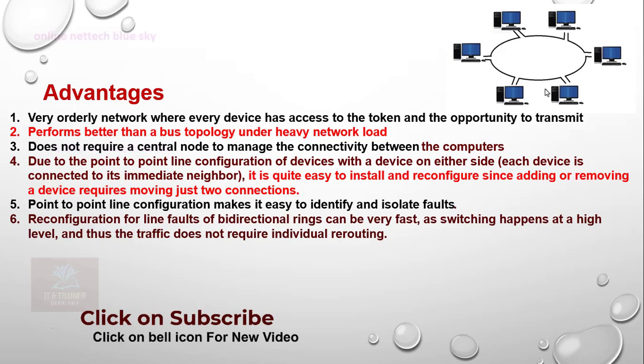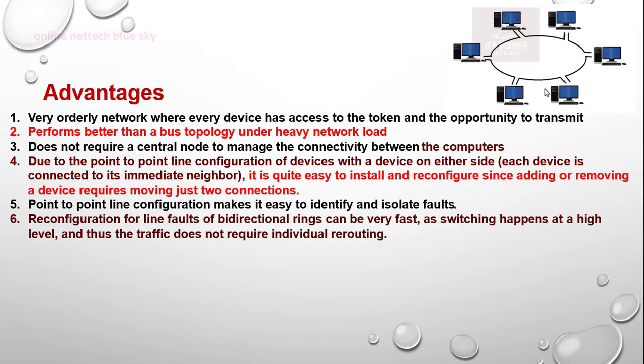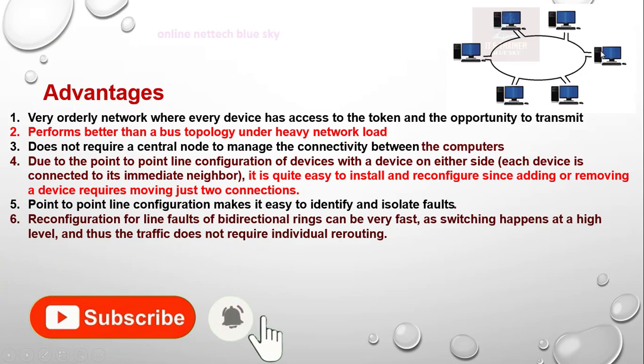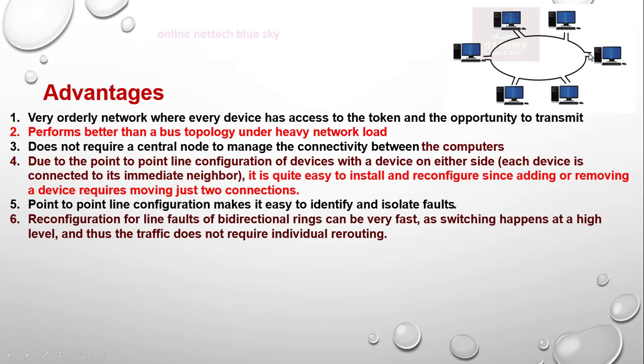Switching happens at a high level, and this traffic does not require individual routing. Okay, so the main point is that it works very fast, with switching happening at a high level. You send data from this computer to here, so it goes directly to this computer, and through the ring it also comes to this side. Okay, so that is the routing type.